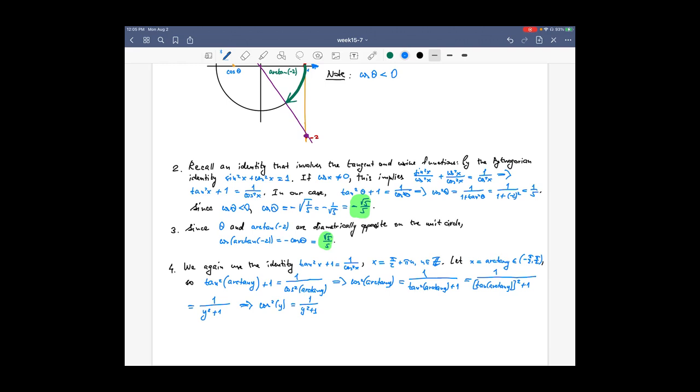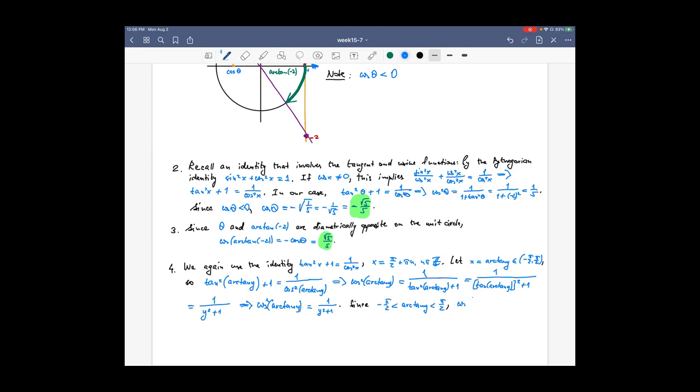Now, before we take the square root, we again recall that arctangent y is between negative pi over 2 and pi over 2, by the very definition of arctangent. So that's either quadrant 1 or quadrant 4.